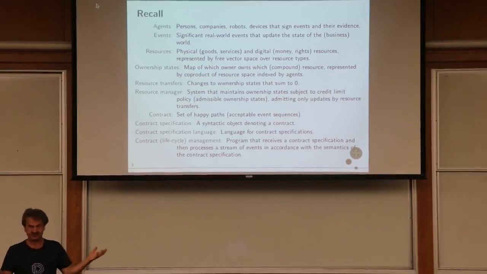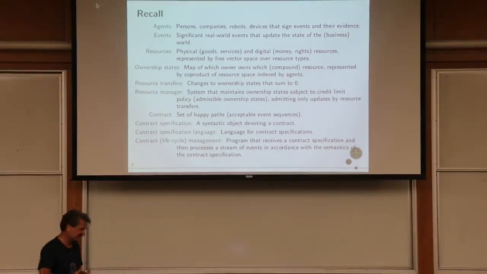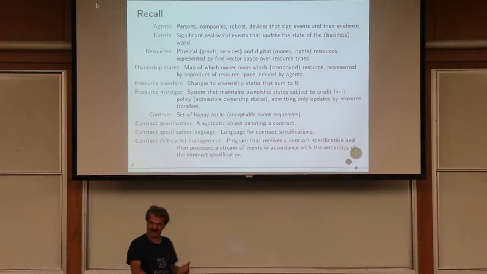Because you usually have 1,000 of them, or maybe 10,000. So you have a whole portfolio, and you have to know what state you are in. So it's life cycle management, keeping track of what has happened and what state I am in now.